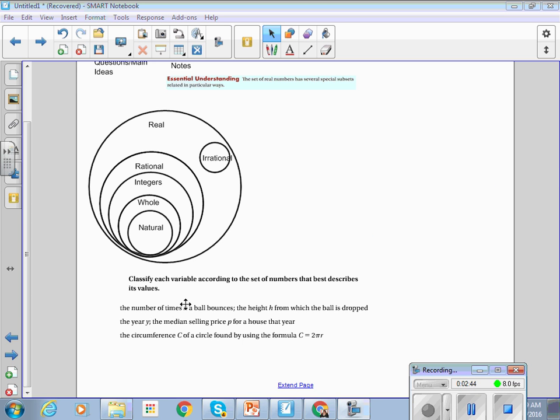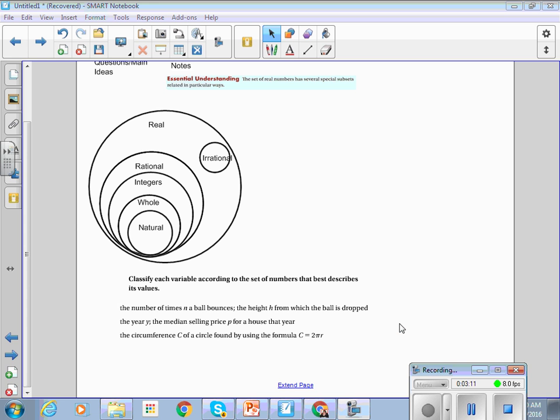All right, so the number of times n a ball bounces. Can that be a natural number? Do the numbers 1, 2, 3, 4 make sense for a ball bouncing? Yes. So let's move that up to whole numbers. Whole numbers include 0. Is it possible that our ball bounces 0 times?